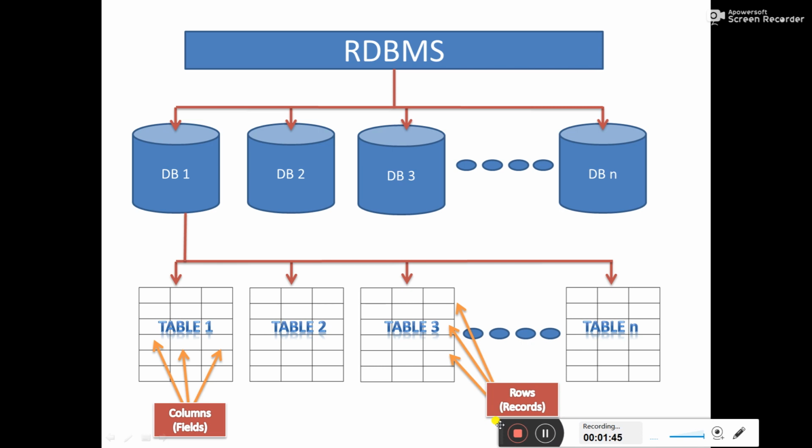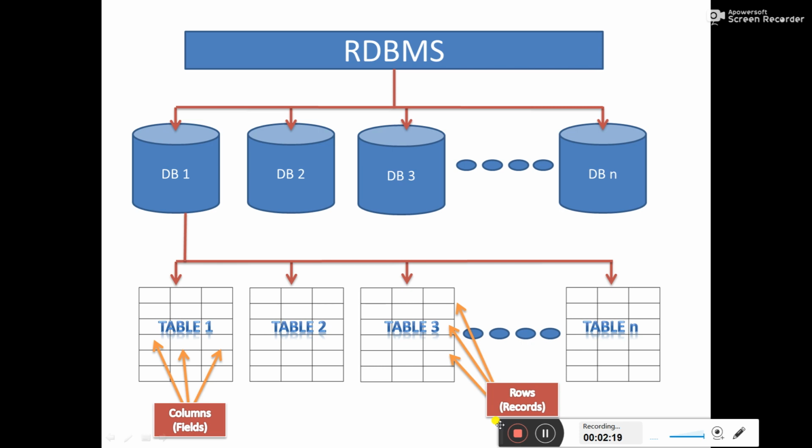In one RDBMS, you can create multiple databases, right? It contains multiple databases like database 1, database 2, database 3, and so on, database n. These are the databases which are created in an RDBMS or in one software like Access, PSQL. These are RDBMS softwares. So you can create multiple databases in one RDBMS software.